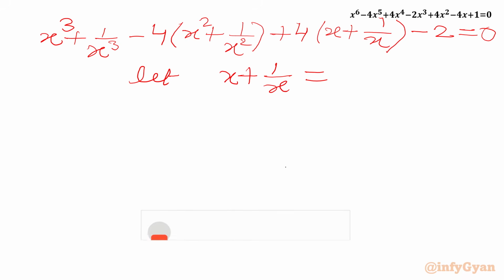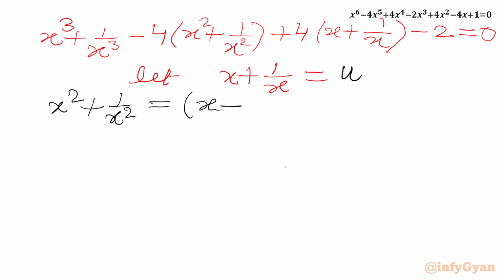Here it is. Let's assume x plus 1 over x equal to u. So we'll be writing here x square plus 1 over x square. As per formula, we know that this is x plus 1 over x whole square minus 2. So x plus 1 over x is u. So we will write here u square minus 2.